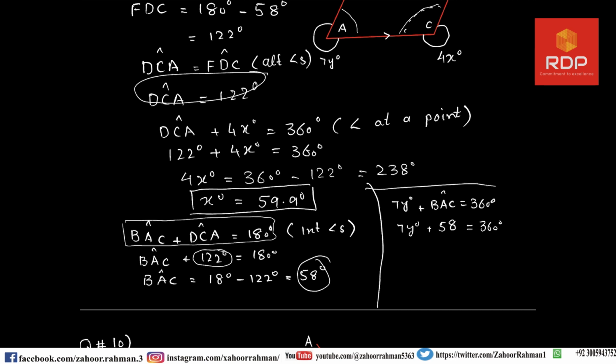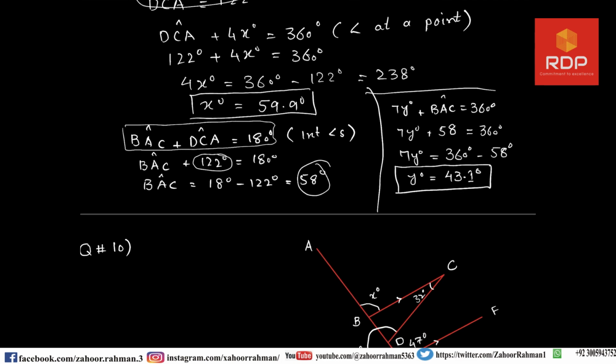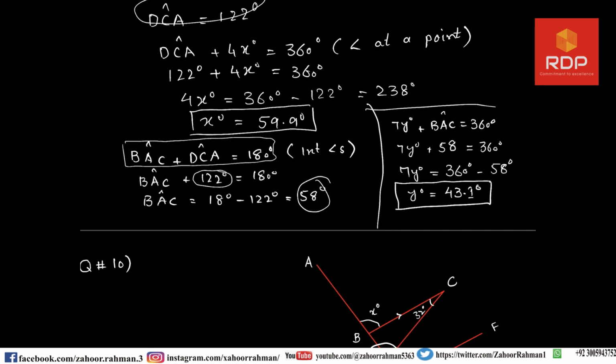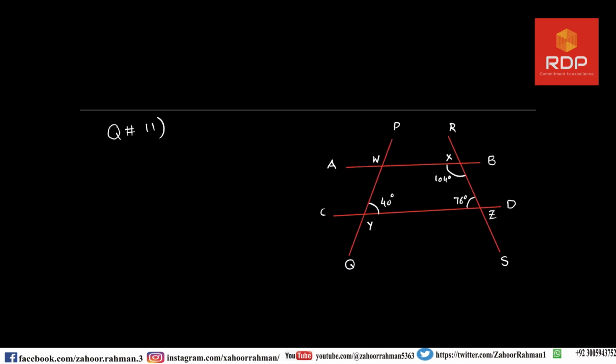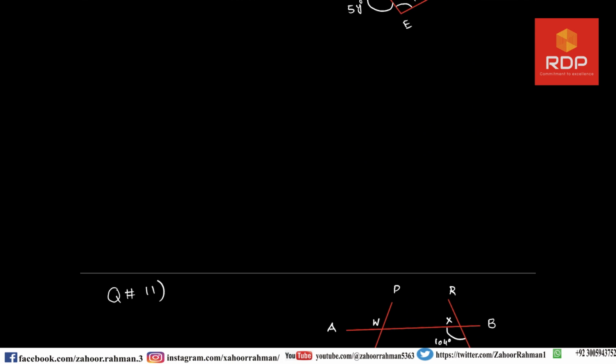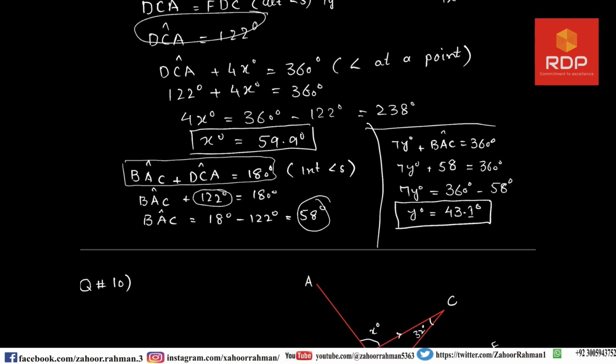Now we are going to find 7y degrees is equal to 360 degrees minus 58 degrees, and if we calculate, we will find 43.1 degrees.